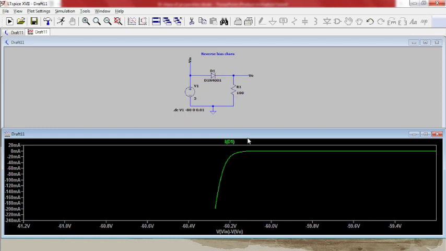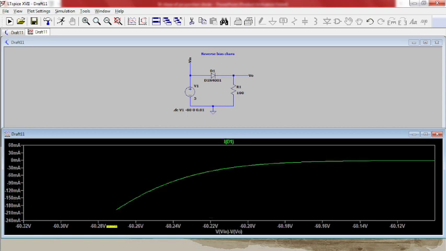In the diode, when the avalanche breakdown occurs, it passes maximum current. That means in the avalanche breakdown condition, the diode will get damaged and it will pass the maximum current.